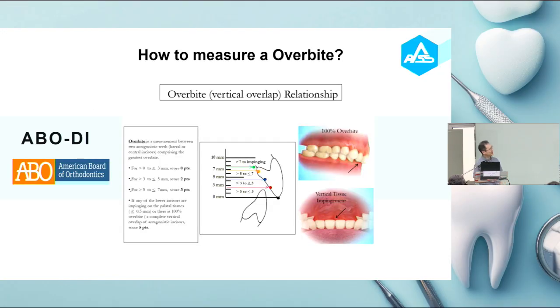Then how to measure overbite? Deeper overbite is one of the indices of ABO DI, which is used to evaluate the severity of malocclusion. Overbite is a measurement between two antagonistic teeth, right or central incisors, and the reference is the lingual surface of the upper incisor.